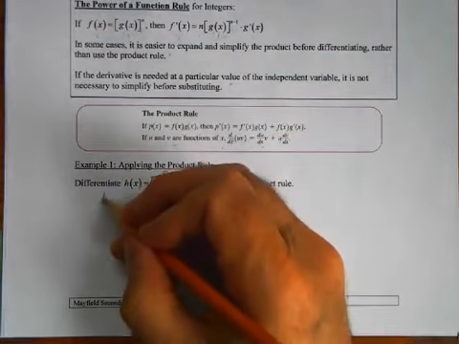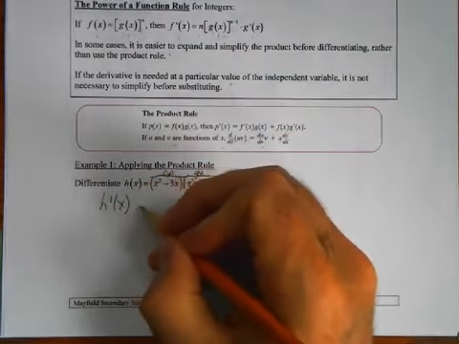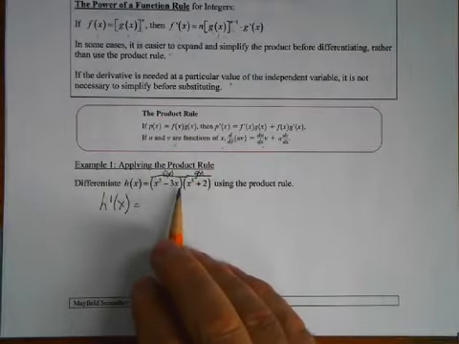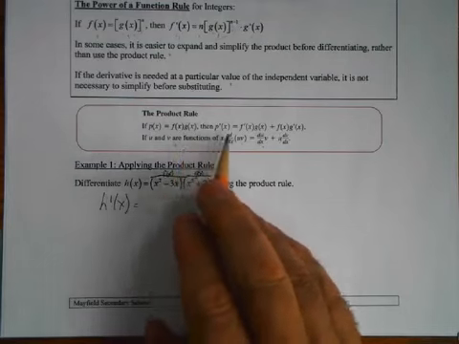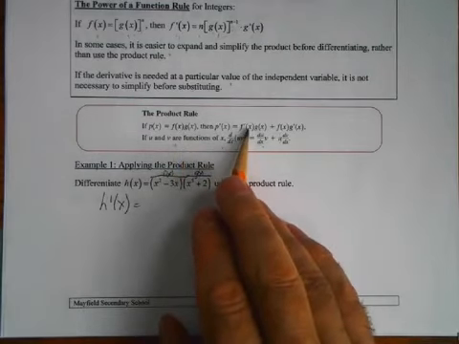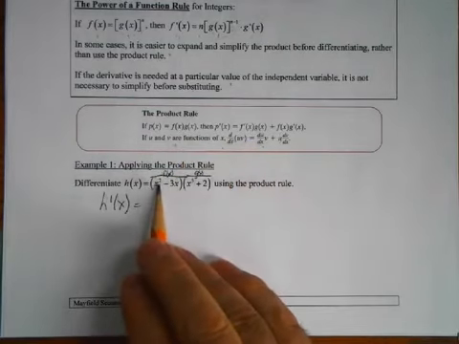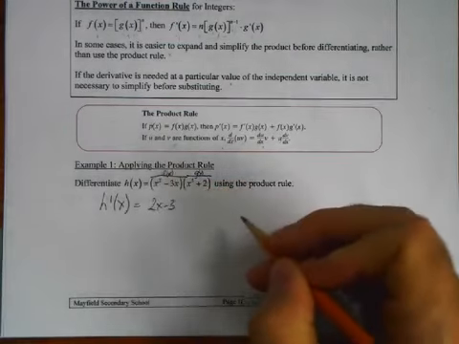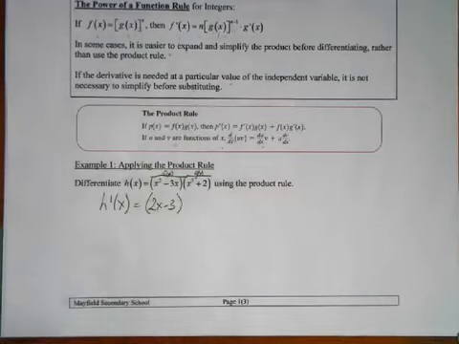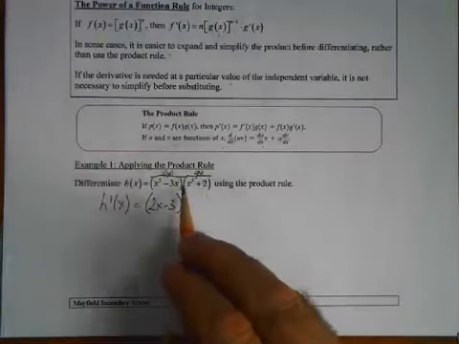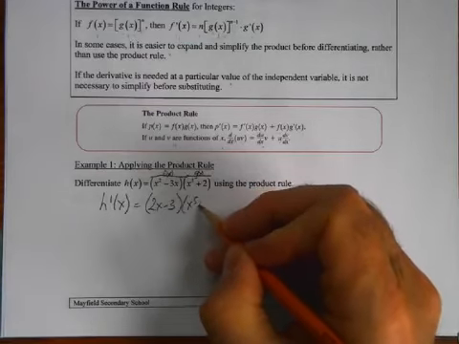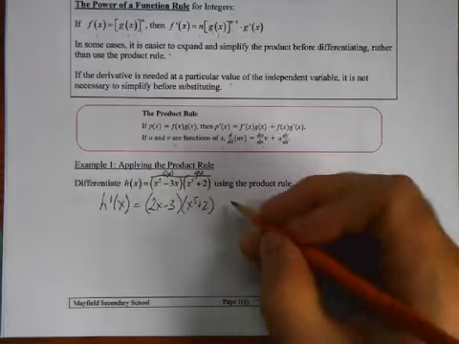So if I'm taking the derivative, h prime of x, it's going to be, again, the order doesn't matter, but I'll go by the book here, f prime of x, so the derivative of this. The derivative of this is 2x minus 3. Make sure that's in brackets because we're going to multiply this. Then we multiply with g of x, so that doesn't change, x to the 5th plus 2.